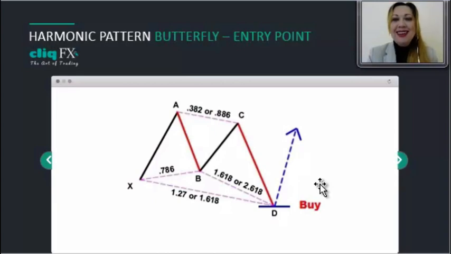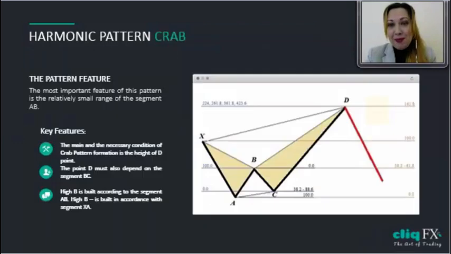And the second pattern that we are going to describe today is called crab. It's also a harmonic pattern from the Hartley collection, and it looks like the butterfly. But comparing these 2 patterns, we can mention one very big and main difference.